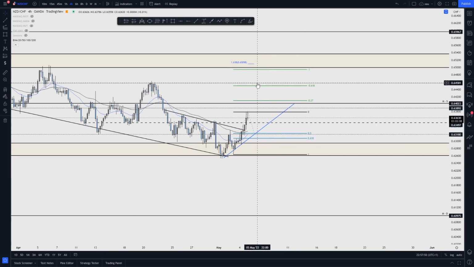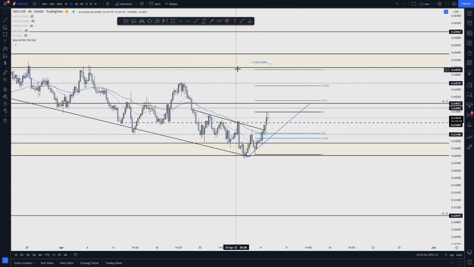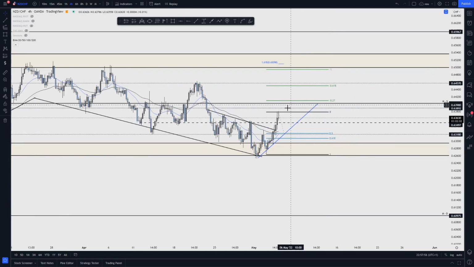nice. So the golden ratio also goes into this area, so that could be a take profit. So let's just finally wrap it up. I'm going to just do a 30 pip stop loss and 5.8 risk to reward.